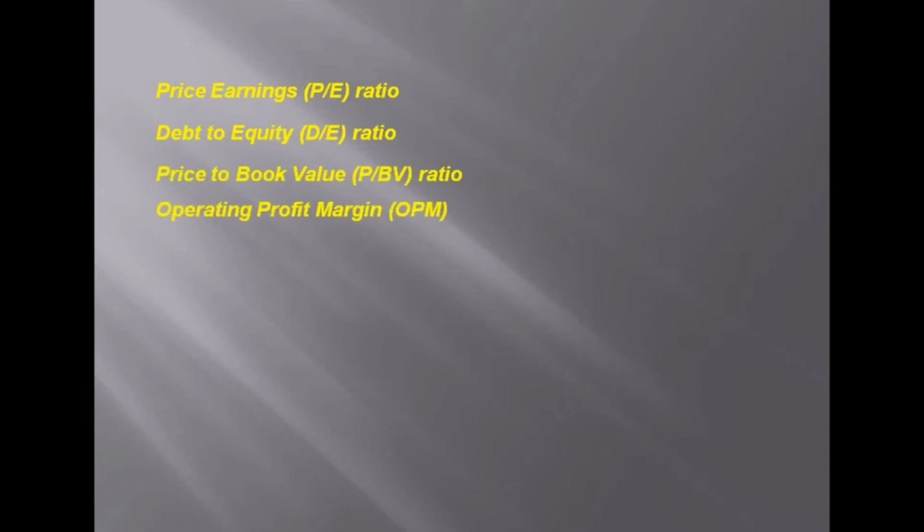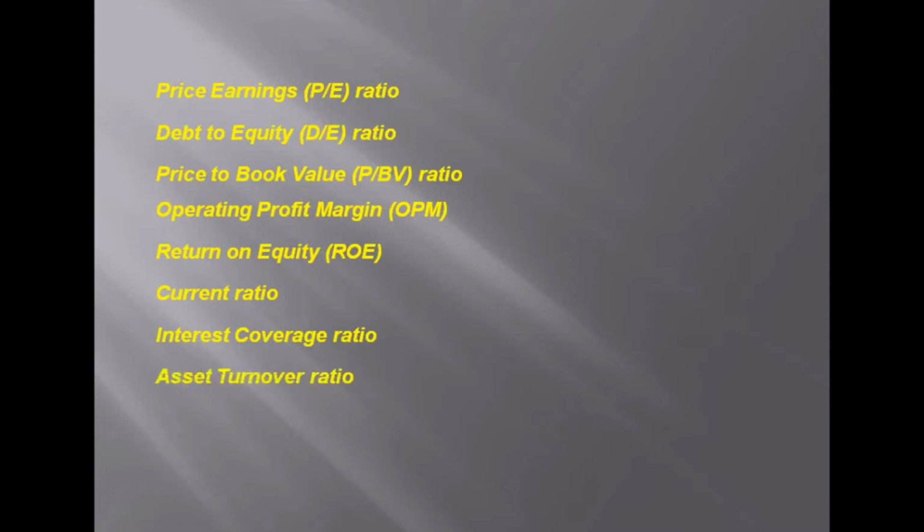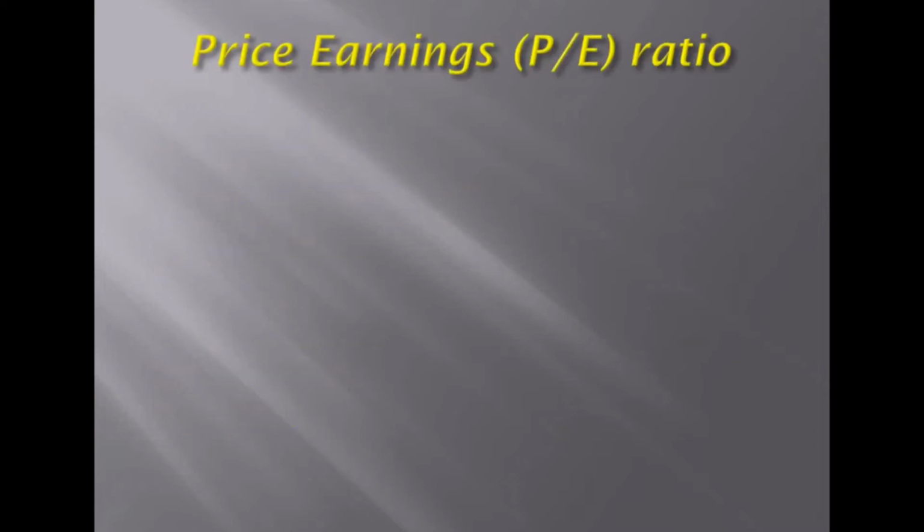Then your operating profit margin, then ROE, return on equity, current ratio, interest coverage ratio, asset turnover ratio, and dividend yield. So these are the important ratios you have to understand, and then you can do the fundamental analysis by yourself. So first let's discuss the PE ratio.